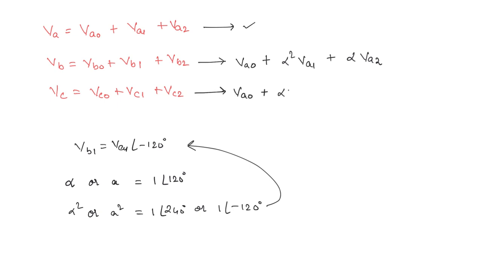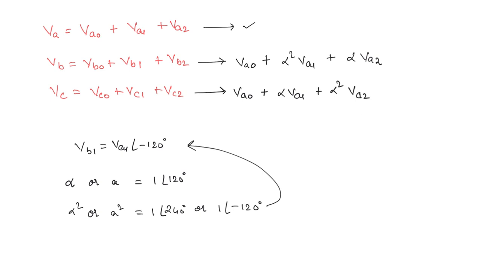VC1 will be alpha times VA1 plus alpha square times VA2. So we expressed each of these unbalanced phases in terms of their symmetrical components in terms of the same phase, right? So this is zero sequence component of phase A, positive sequence of phase A, negative sequence of phase A. Similarly here you have A0, A1, A2, right? VC also in terms of A0, A1, A2.